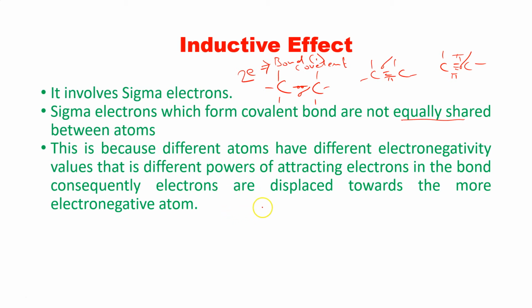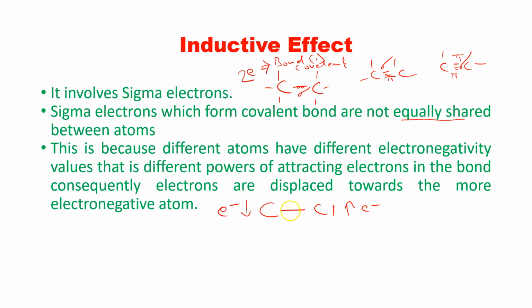We will see this further with an example: here it is a carbon and chlorine bond. We know that chlorine is more electronegative, and compared to that, carbon is less electronegative. So the electronegative power of chlorine will attract the electrons towards itself.